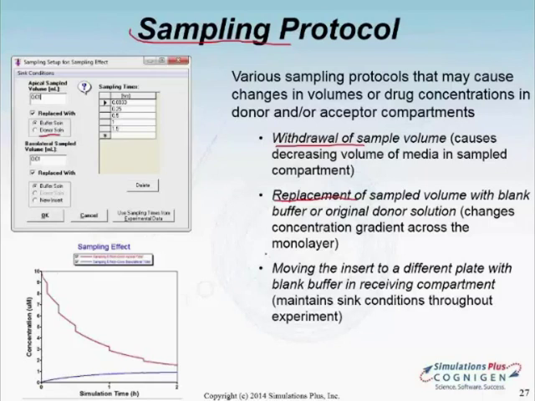Or even if you try to keep perfect sink conditions and you are simply moving the entire insert into a new plate with a fresh blank buffer, again, you have an option to account for that kind of experiment setup. So we have really tried to account for all of the types of setups or conditions that we were able to see in the literature or gathered from discussions with some of our users.